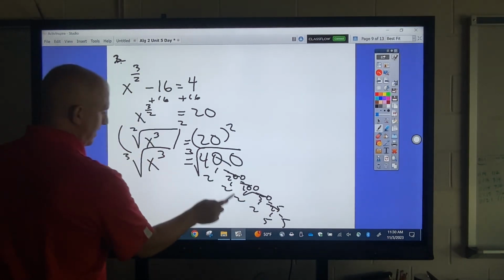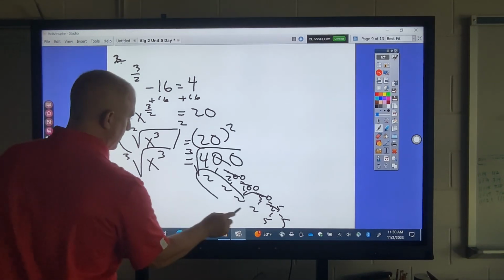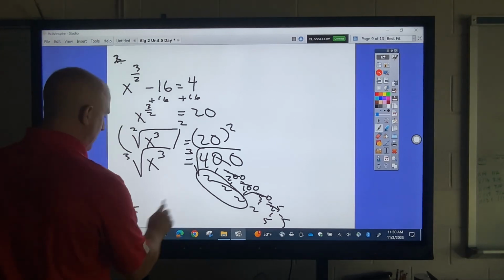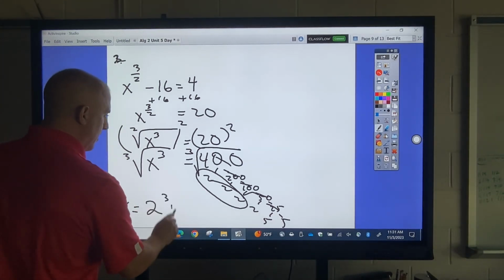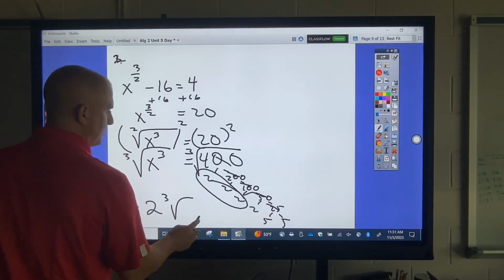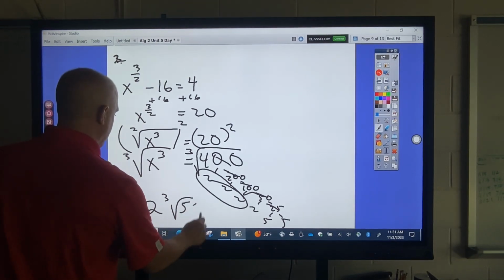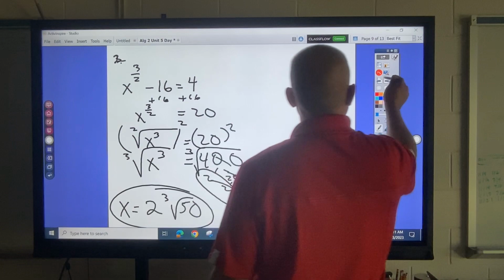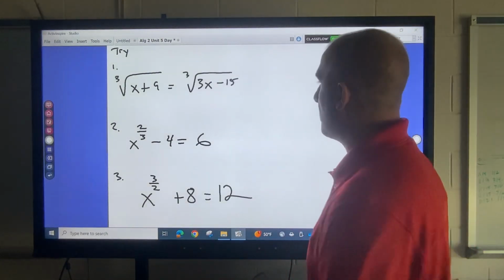I'm circling 3 items because it's a cube. So it would be x equals 2 cube root of 2 times 5 times 5, so that would be 50. And that would be my answer for that problem. So you guys can go ahead and practice those.